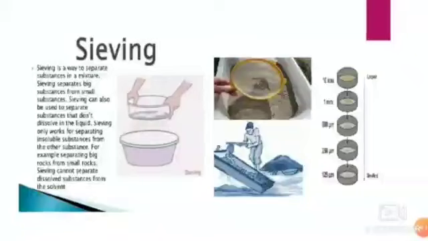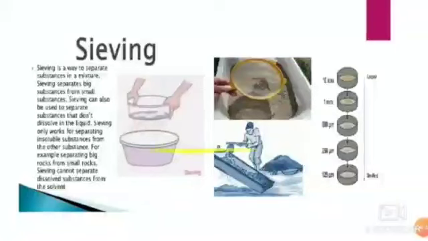Also, this can be used in the garden area to separate the heavier stone particles from the earth. You can also see a picture telling that sieves are available in different sizes depending on the size of the hole, which will allow the larger particles to remain on top and the smaller particles to go down and get collected.